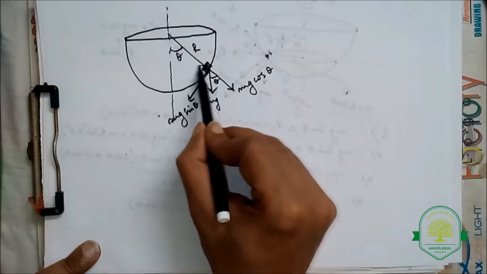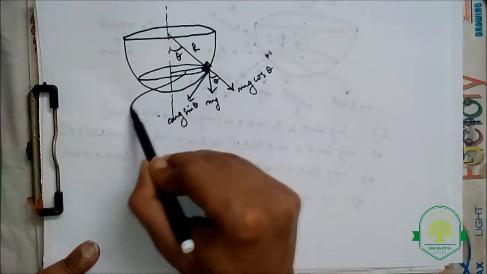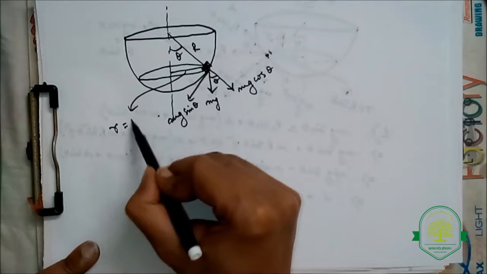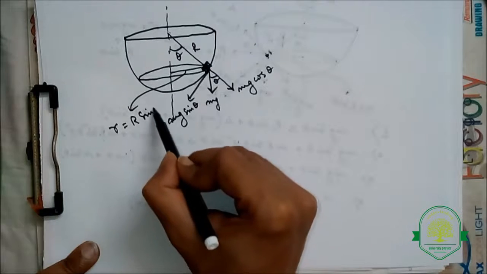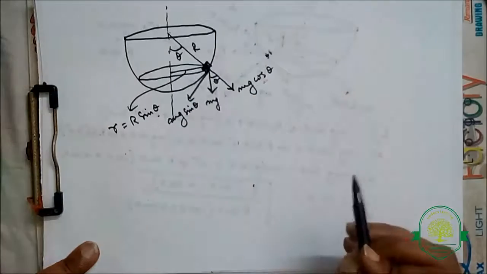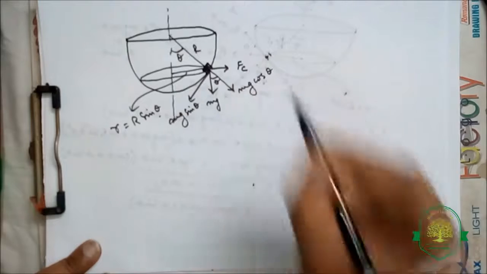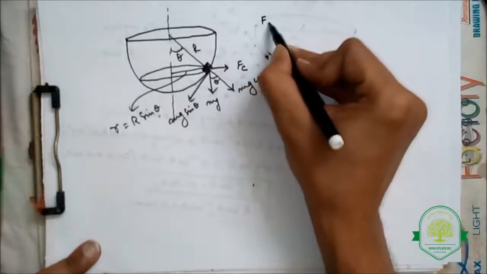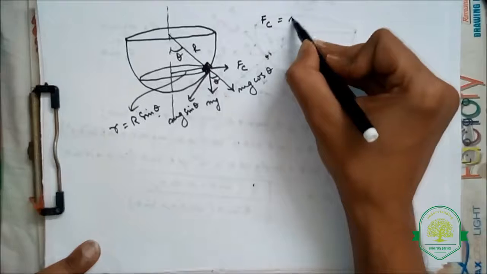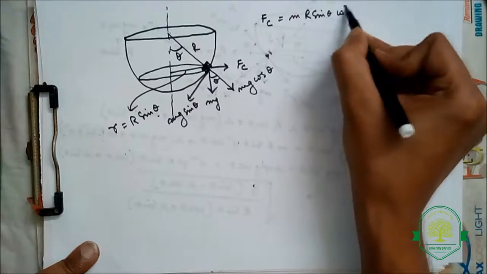The block rotates in a circular path like so, in a circle of radius capital R sine theta, which we can find from this right angled triangle using simple trigonometry. A centrifugal force acts on the block, the centrifugal force being m r sine theta omega squared.